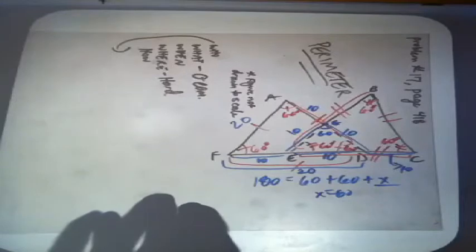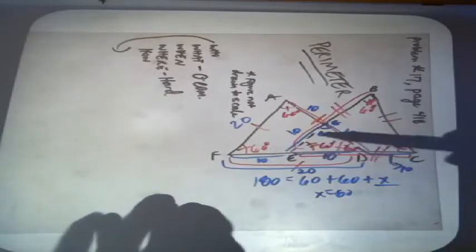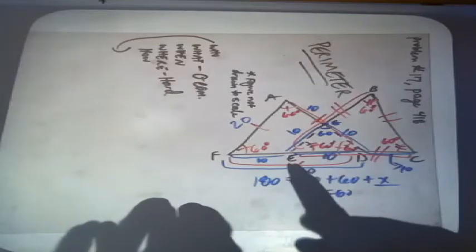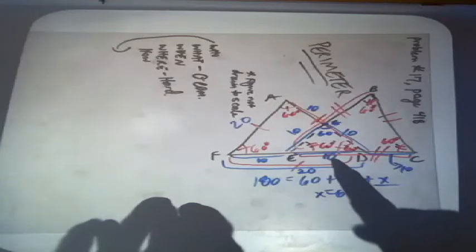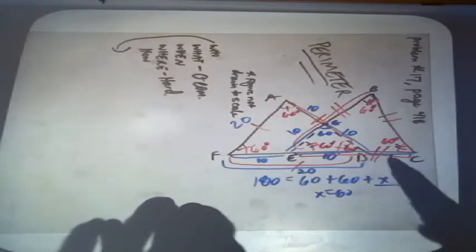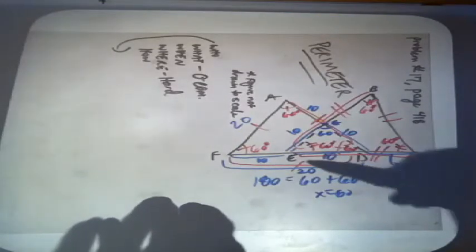All right, and then we can do a very similar thing with triangle BCE, this triangle here. We know that EC is 20 inches based on the fact that ED is 10, and ED plus DC, which is also 10, makes up that side. So the whole side is 20 there.